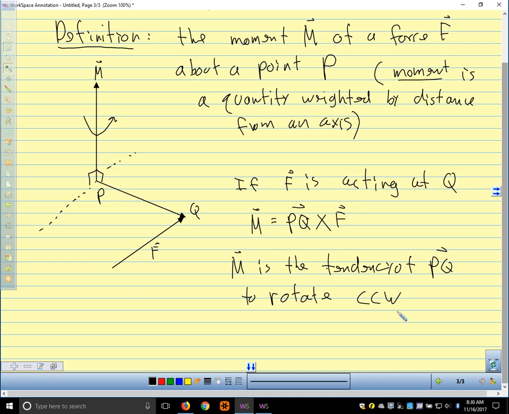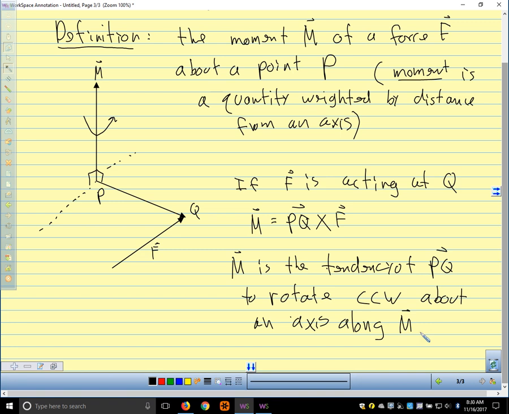Counterclockwise is going to be our positive torque. And our axis, I'm going to say our axis is along vector M. So our torque is a tendency of that lever, that rod, whatever, to rotate in the counterclockwise direction. And if it's rotating counterclockwise, we say our torque is going upwards.